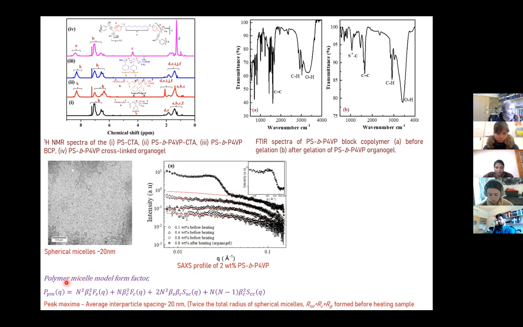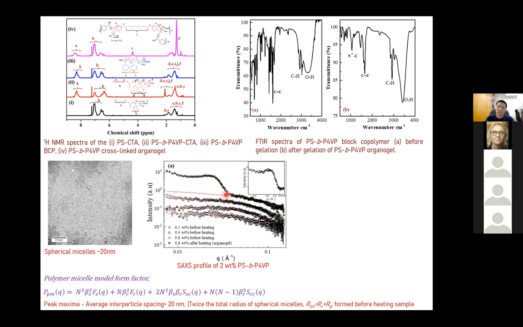And then we fitted this SAXS profile to a polymer micellar model form factor, which is this equation. From the spectral peak position, we found that the average interparticle spacing is about 20 nanometers. That means in the gel, the micelles are almost touching each other.